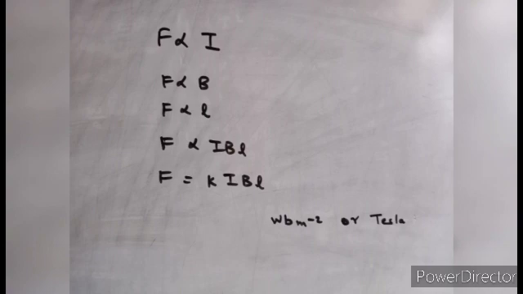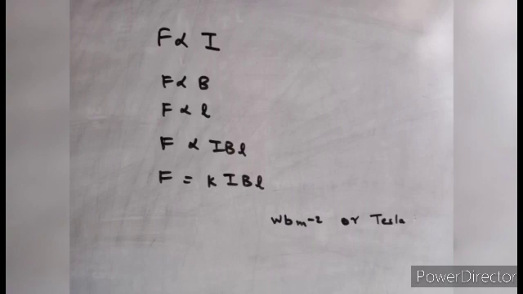Now what is the magnitude of force? Experimentally, it is found that the magnitude of force acting on a current carrying wire placed in a magnetic field in the direction perpendicular to its length depends on the following three factors.